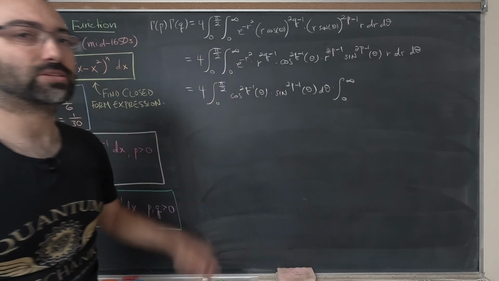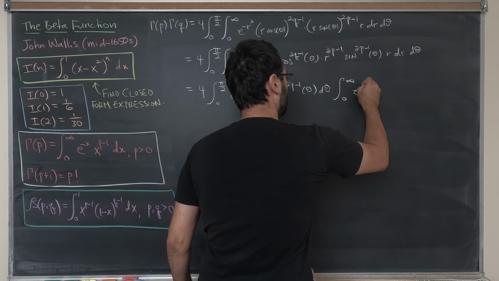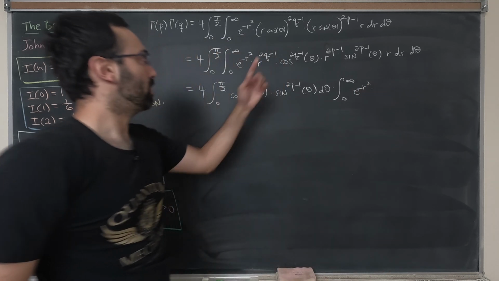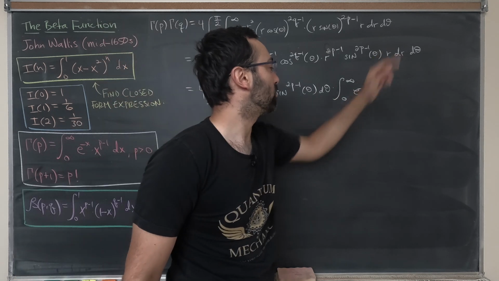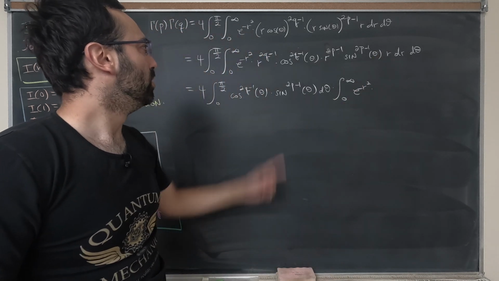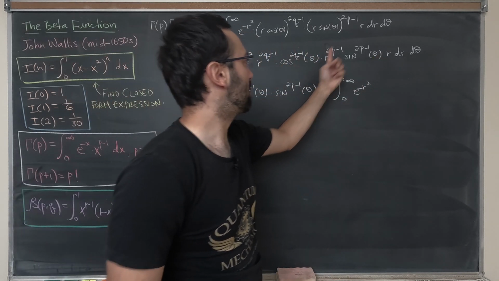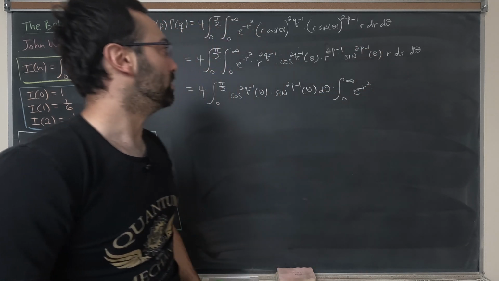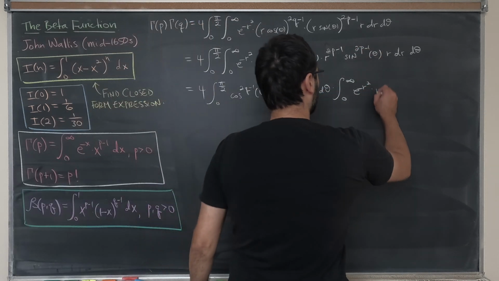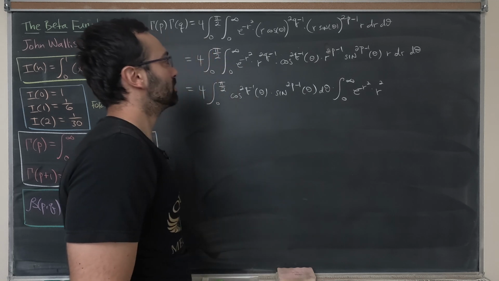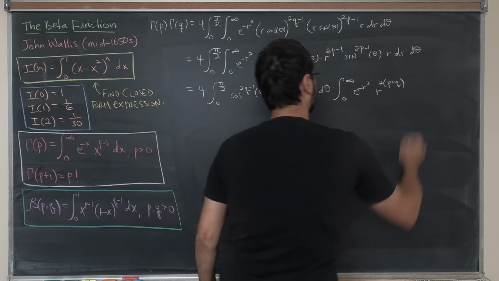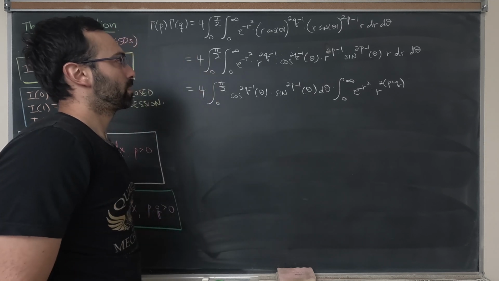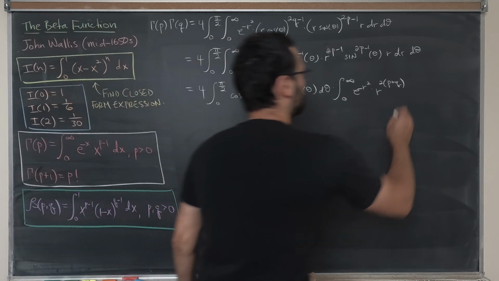So we have e to the minus r squared times r to the 2q minus 1 times r to the 2p minus 1 times r over here, dr. Well, this power of r, this power of r, this power of r, we can add exponents and get r to the power 2 times p plus q minus 1.